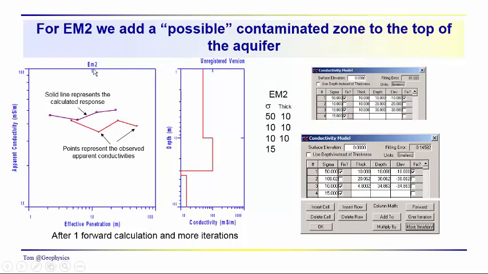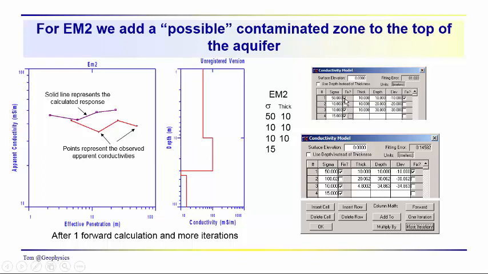So if we go away from that site, which we know is uncontaminated, just based on the well log response, and we want to evaluate the possibility of whether or not there's a contaminated zone in the aquifer, then we're going to have to add a layer.